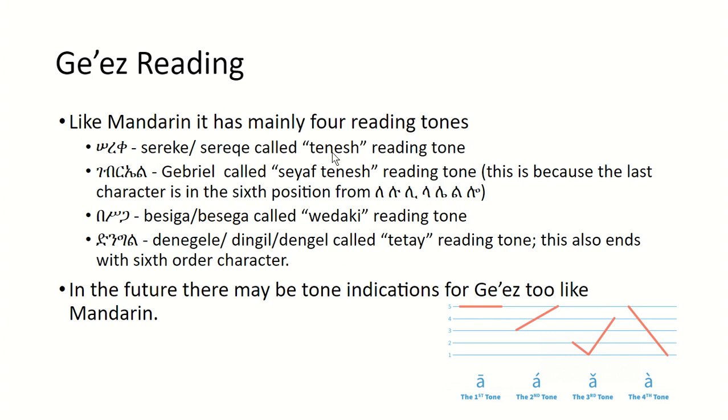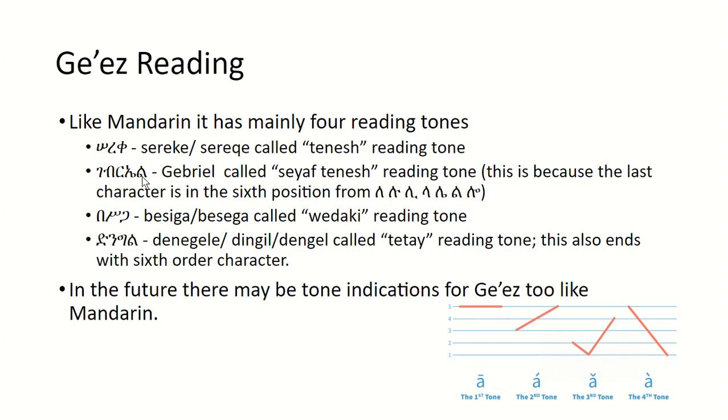The one we call tanish, we read like saraka, ending with a higher tone. This is also a bit similar, Gabriel, but the difference is that this one finishes with the 6th order. We say that there are 7 forms for each letter, like le, lu, li, la, le, li, lo. So this is the 6th order.